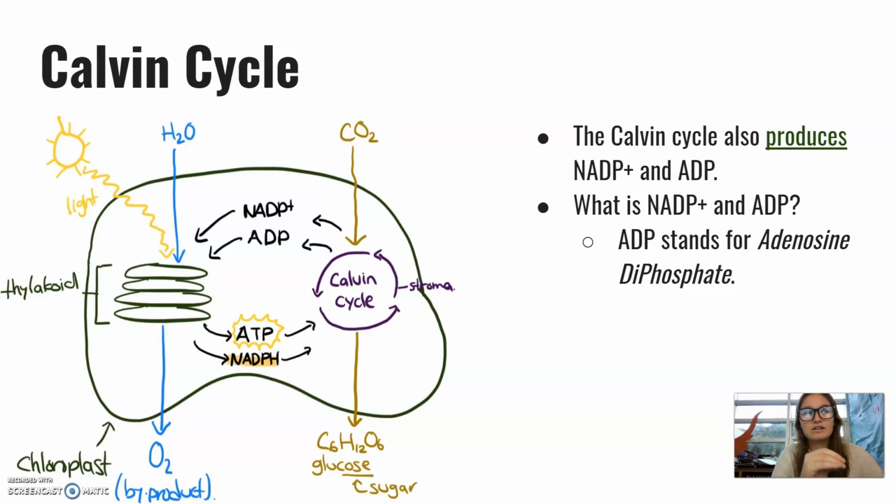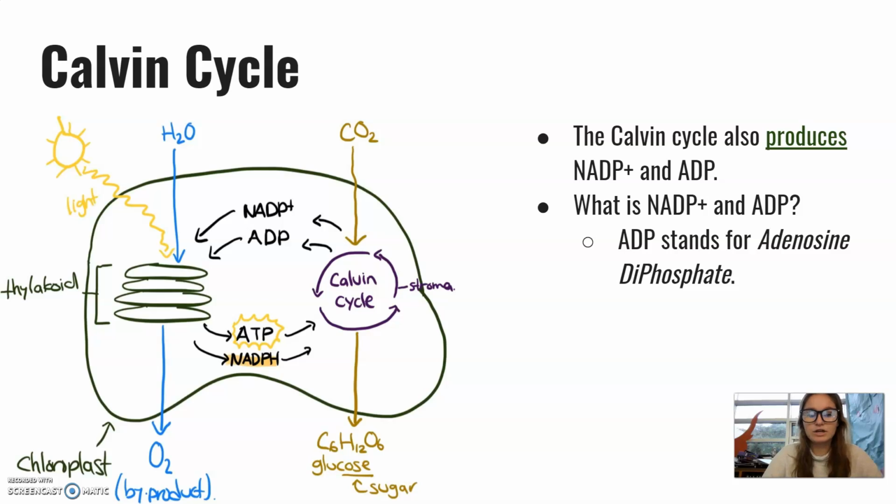They're transporting that energy from the thylakoid to the stroma, then back to the thylakoid. So that constant cycle is just transporting energy from one place to the next, so that energy can be used to make our end product, which is glucose. That is what plants need in order to perform their daily functions. That's our end result. That's what we're really wanting. Overall, our two products here are oxygen and glucose, but the plants are only going to use glucose.